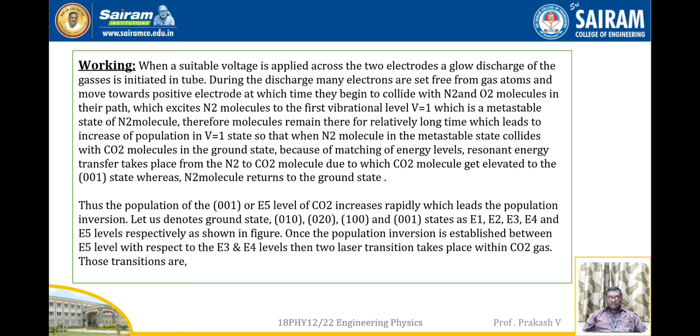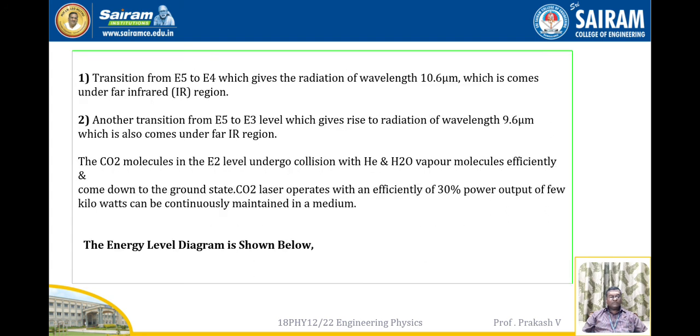Once the population inversion is established between the E5 level with respect to the E3 and E4 levels, two laser transitions take place within the gas. The transition from E5 to E4 gives rise to radiation of wavelength 10.6 micrometer, which comes under the far infrared region.